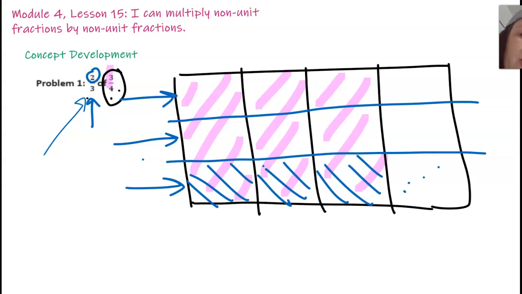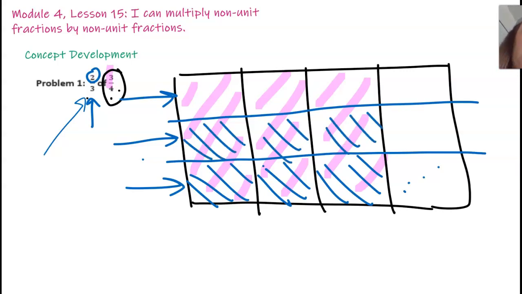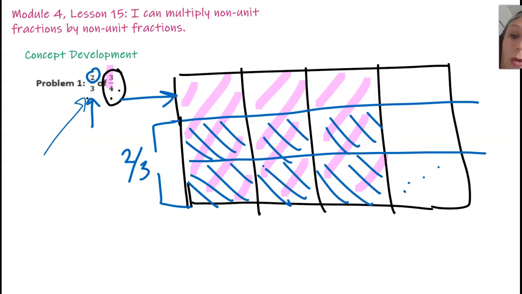And I could shade here too, except where there's nothing there, so it doesn't matter. That's an empty spot. It wouldn't mean anything. So I'm just going to shade the ones that are already representing a portion of the 3/4. So this right here represents the 2/3, and this part right here represents the 3/4.